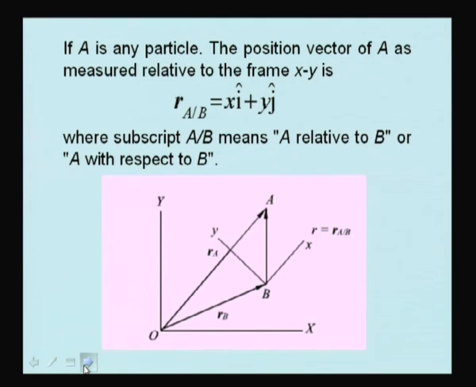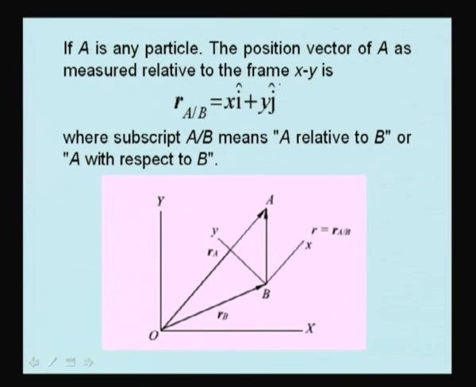x, y are the components of the position vector, and they have been expressed here in terms of the unit vectors in the frame x, y. You may have adopted unit vectors in the fixed reference frame. That means we could have said capital I hat and capital J hat.